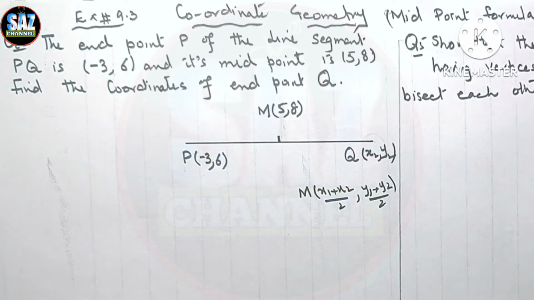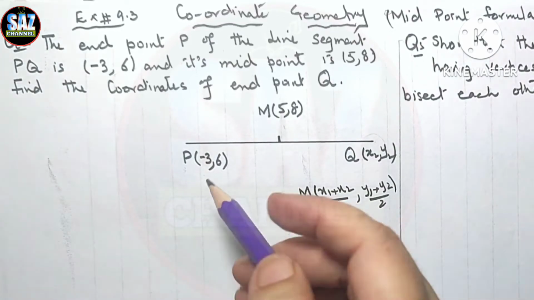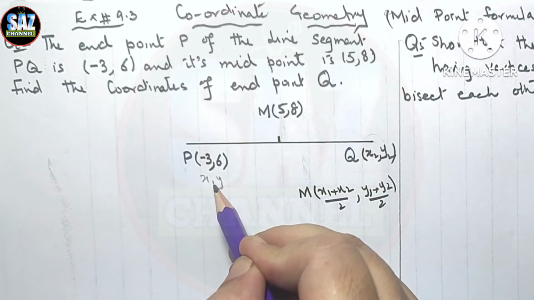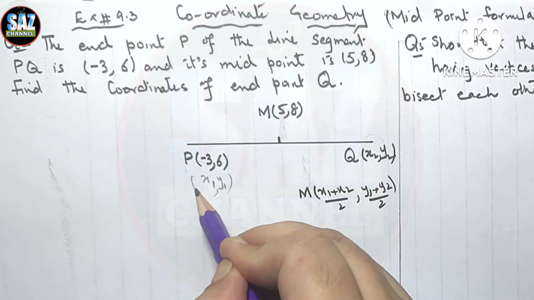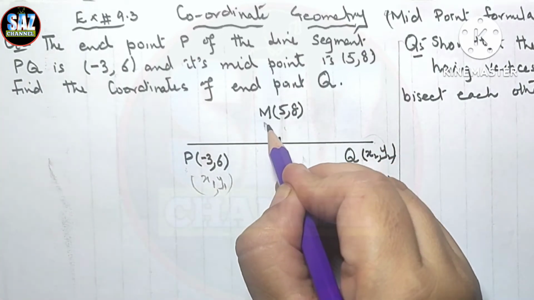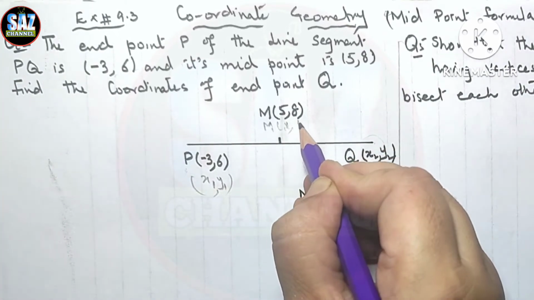For better understanding, we write x1, y1 at this place, this is x2 and y2, and M will have the coordinates x and y.